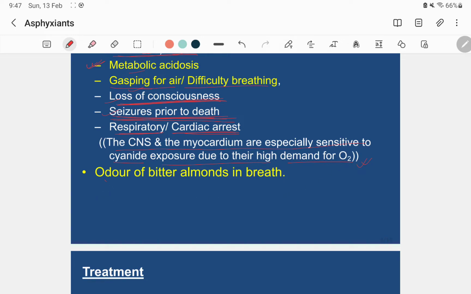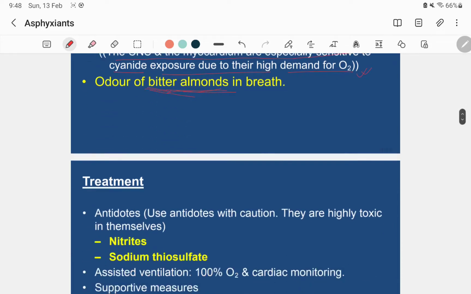The odor of cyanide is like bitter almond. I don't know if you are familiar with that smell, but cyanide smells of bitter almond.